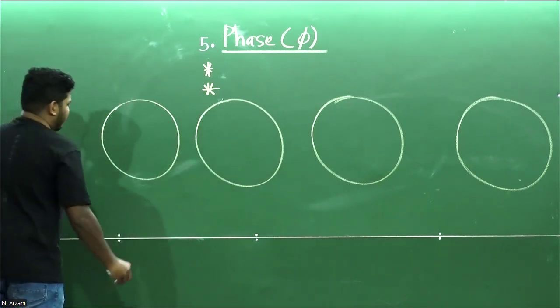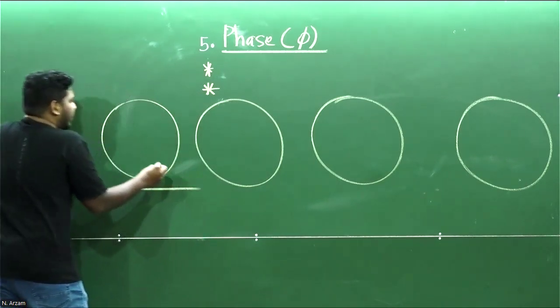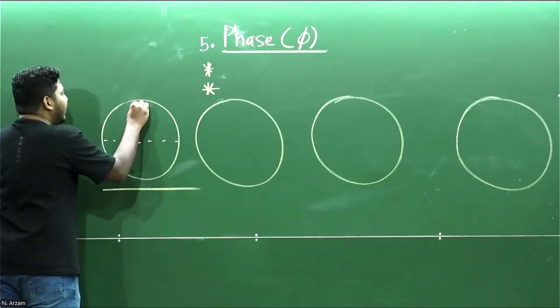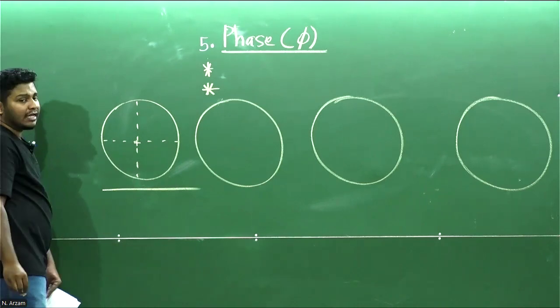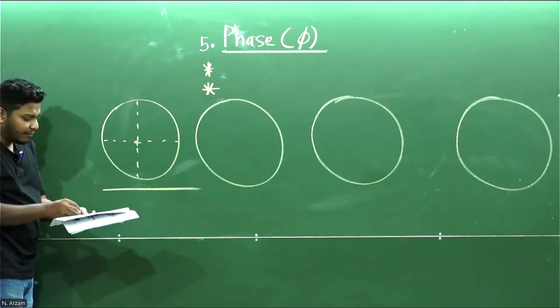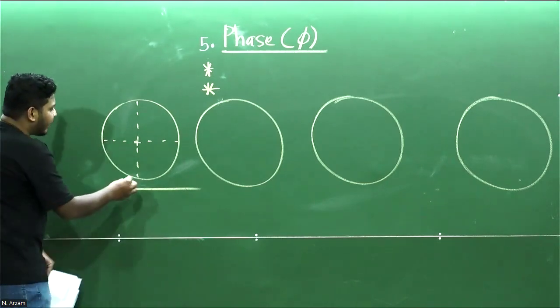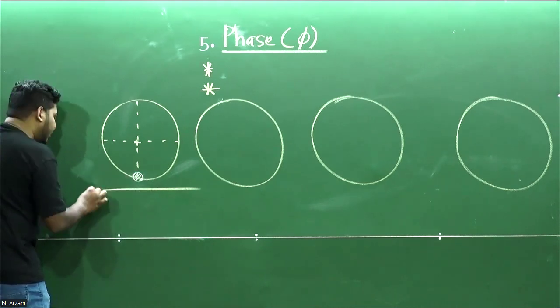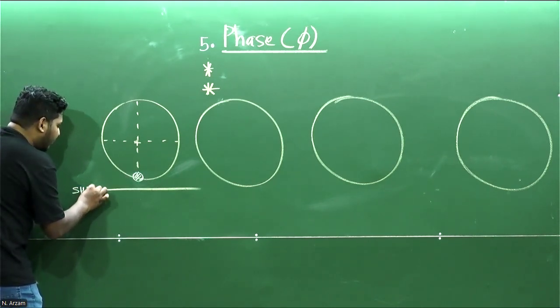So guys, look at this one. We already studied simple harmonic motion by comparing it to the projection of circular motion. In this motion, if the particle is somewhere here, what about the projection?